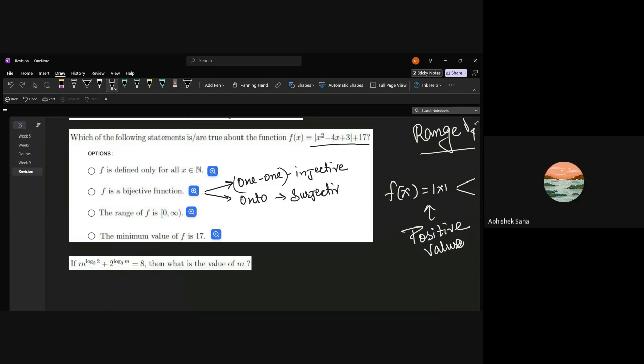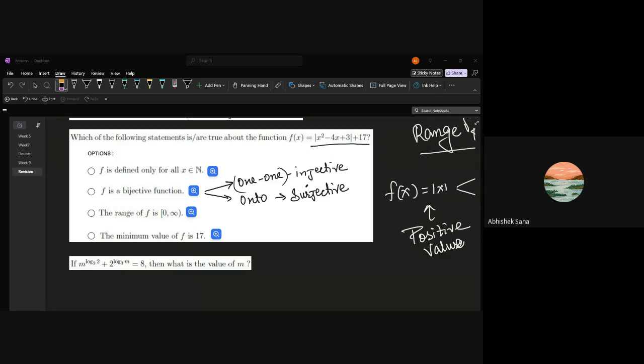And you already know that the modulus function is not one-one. Let's take it with the help of an example. Put x equal to 3 and x equal to 1. You will get 0 in both cases. That means this function is not one-one, right?